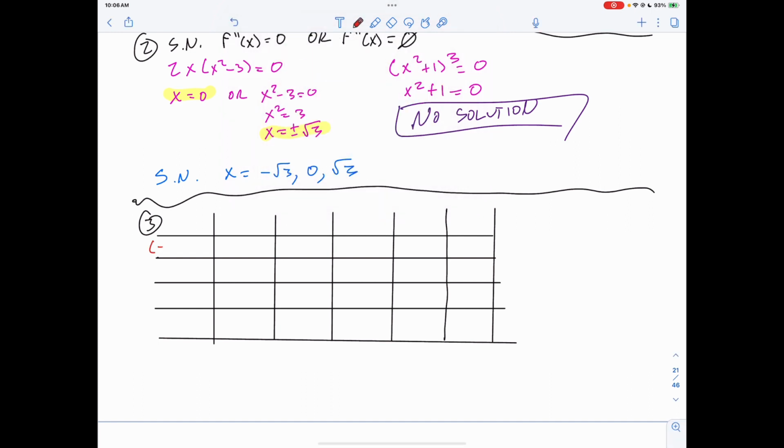We're going to go from negative infinity to negative root 3.